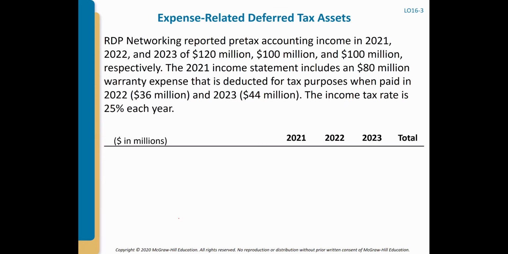This is the first one. This company reported pre-tax accounting income in those 3 years: 120, 120, 100, and 100. The 2021 income statement includes an 80 million warranty expense. This is special, right?